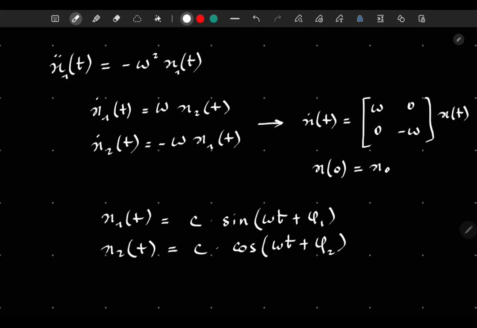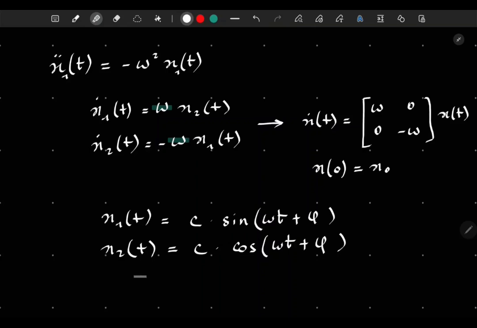And note that these constants must be equal, because when we take, for example, the derivative of x1, what we obtain is c times omega times the cosine of omega t plus phi1. So to have that the derivative of x1 is proportional to x2 through the constant omega, as we see here, then both the constant terms and the phase terms must be equal. So actually we can also get rid of the index here in the phase term.